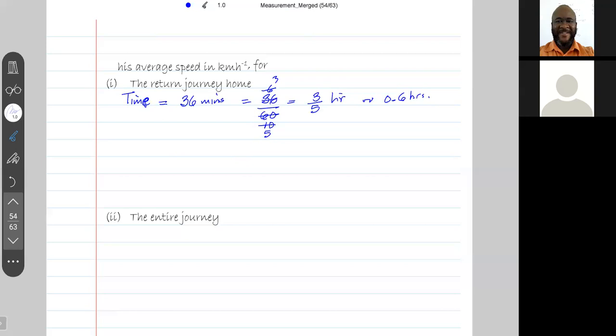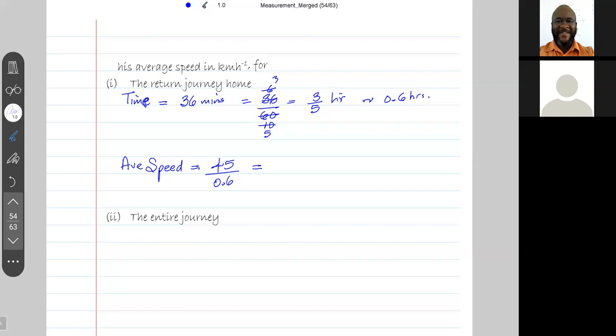All right, so we want to know the average speed. So the average speed would be the total distance, which is 45 kilometers, because he's going back home, let's assume along the same road. So it's 45 kilometers divided by the time, which is 0.6.